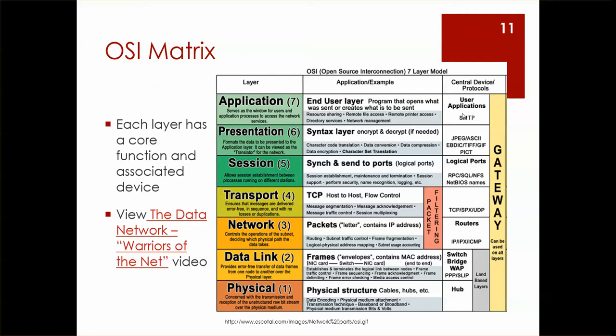One example of a user application is an email client, using the SMTP protocol. It could be ICMP, leveraging potentially ping. We open up a command line and send a ping. These are anything that the user can use to interact with another system.